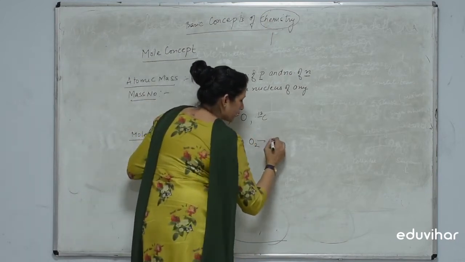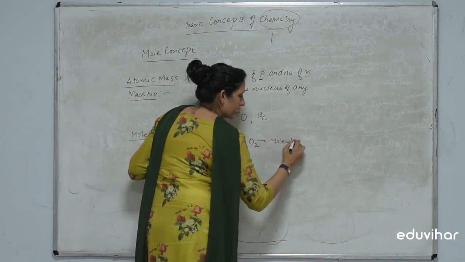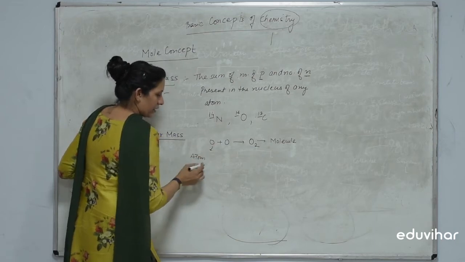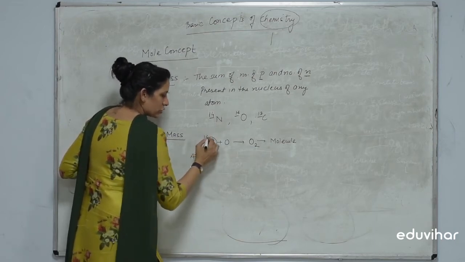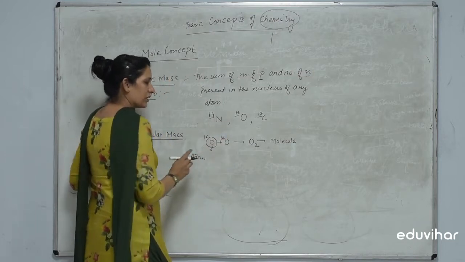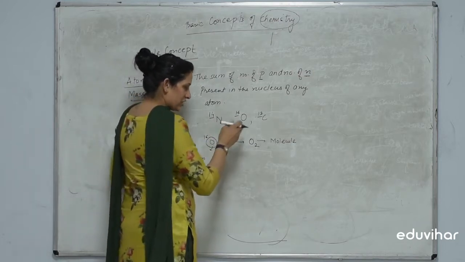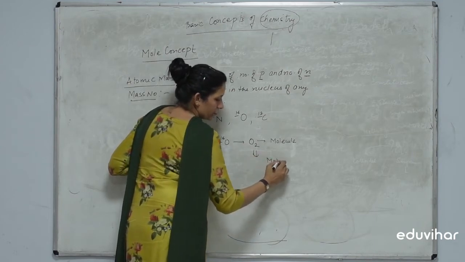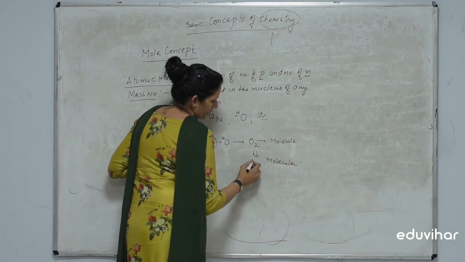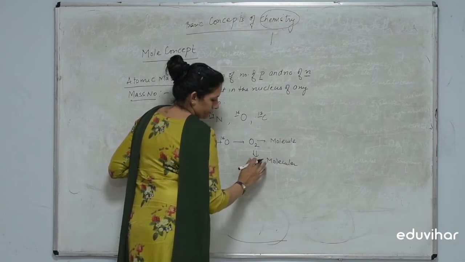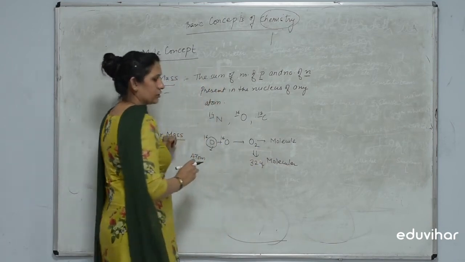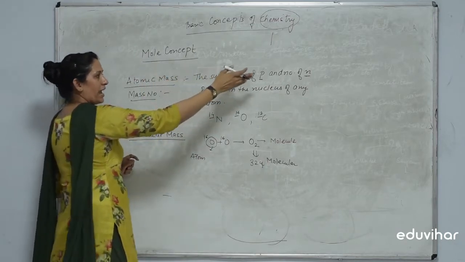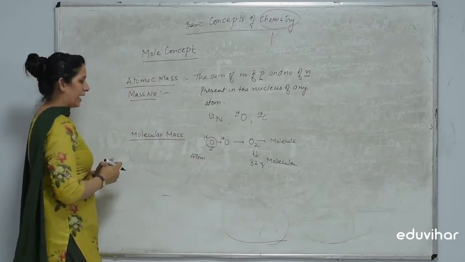This O2 is known as a molecule, and this is known as an atom. Each atom has mass 16. Whenever these two atoms combine with each other, a molecule forms which has the molecular mass of 32 units.